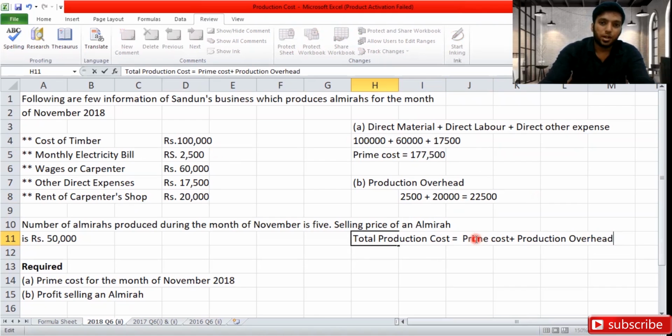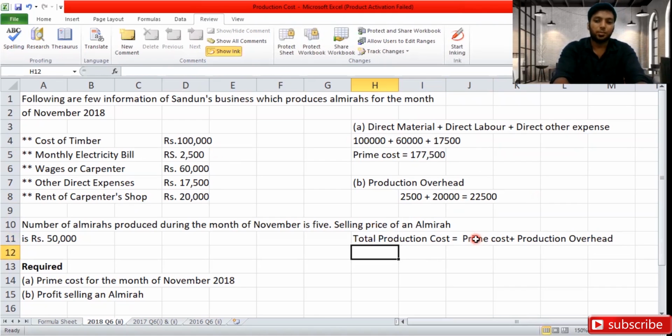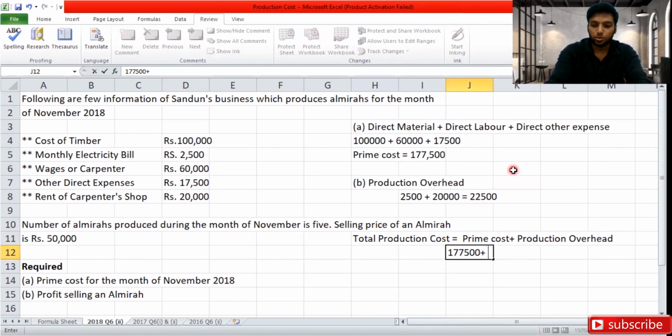Now let me remind you, your prime cost was 177,500 plus you have 22,500. So in total you will get 200,000. So this is your total production cost.